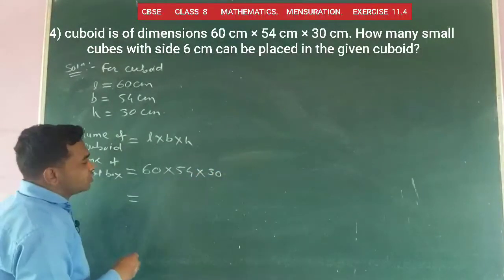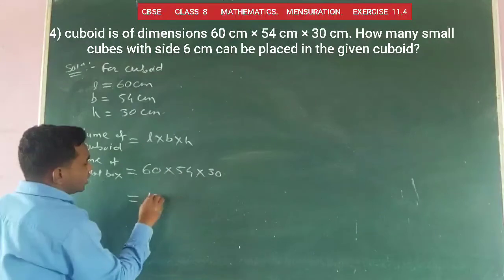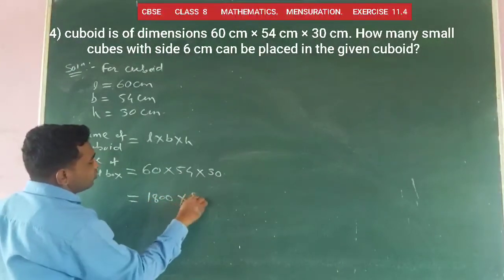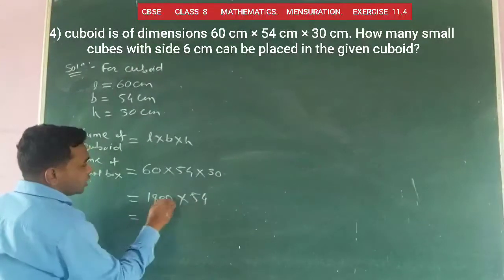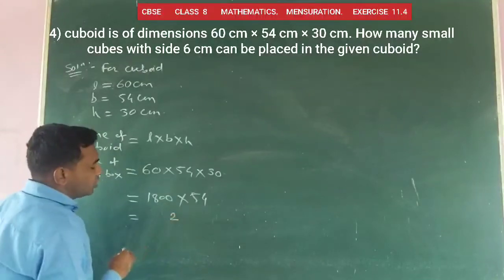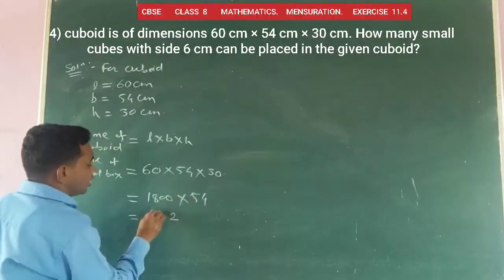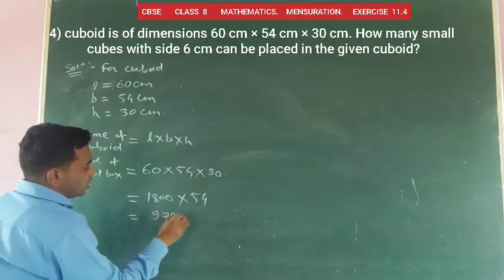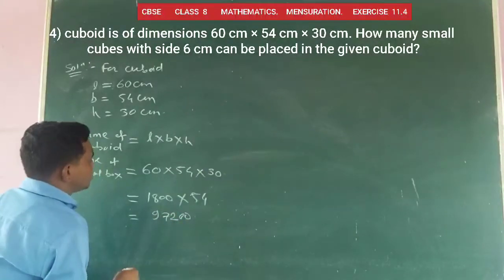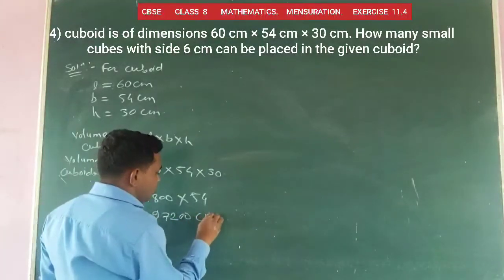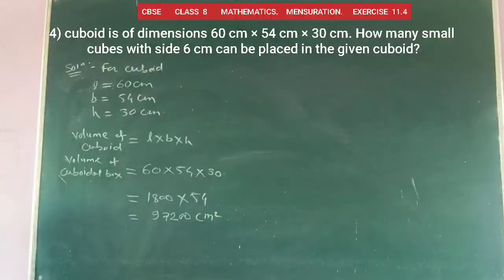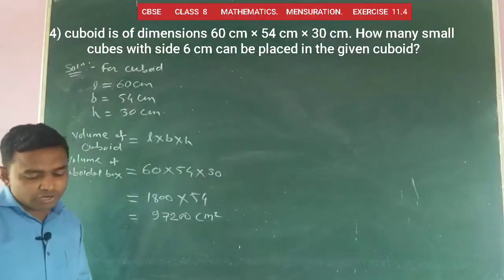So here our answer is 60 into 30, 18, into 54, and after that 18 4s are 72, carry 7, and this is 97 and 00 as it is. This is the volume of the big cuboid. So volume of the cuboidal box is 97,200.